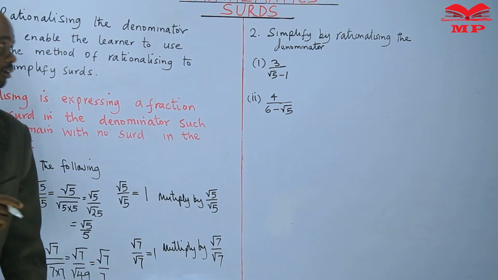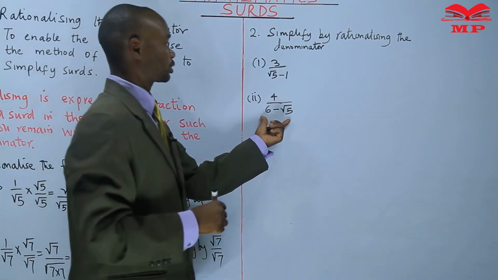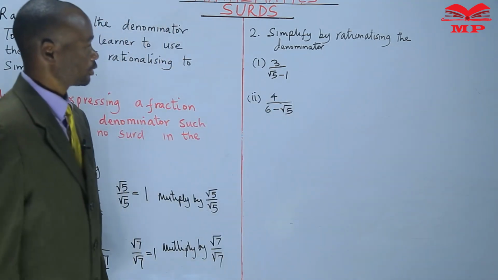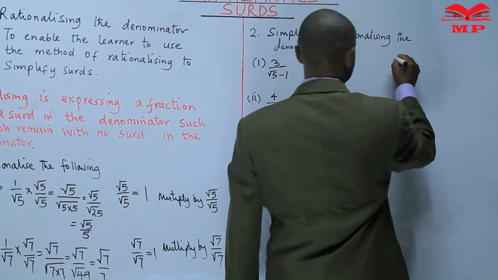There is something they call a conjugate surd. You look for a conjugate to make sure that you don't remain with a surd here. You'll use a conjugate surd.